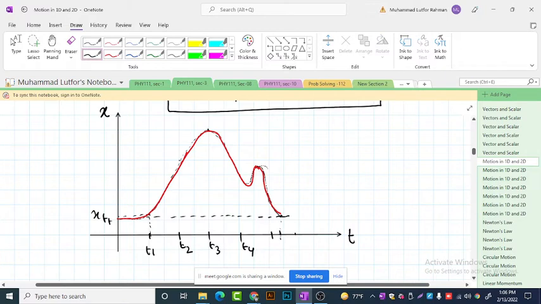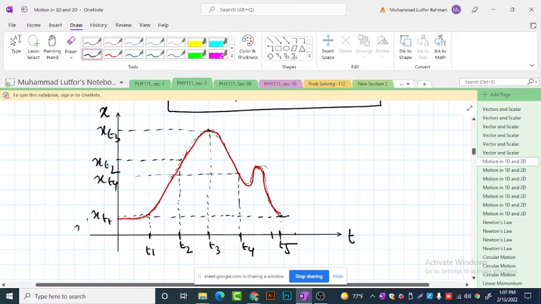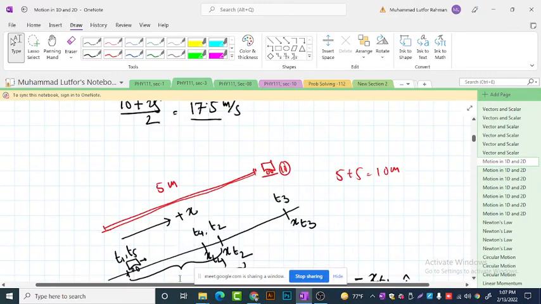So this is your t5, then this is your t4. This is the displacement at t2, and say this is t3. So this is x at t2, this is x at t3 displacement, this is the t4 displacement, and so on. This is also your x at t5 displacement. The case is described over here by that curve.